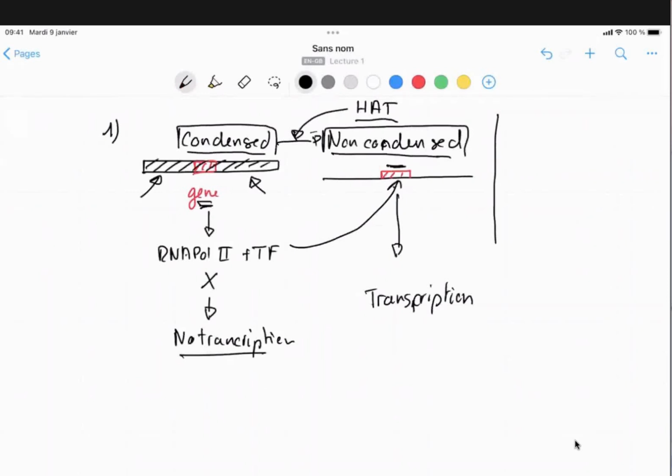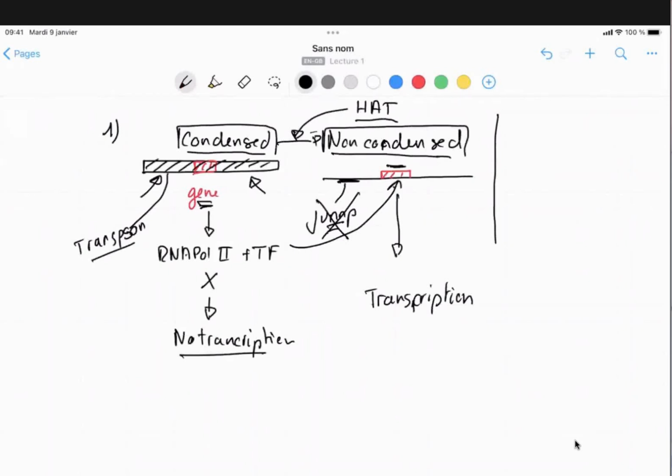If, for example, they contain transposon, it's an example completely fictive, when we shift from condensed to non-condensed, the transposon now can jump. And this is really bad. Do you understand what I mean?